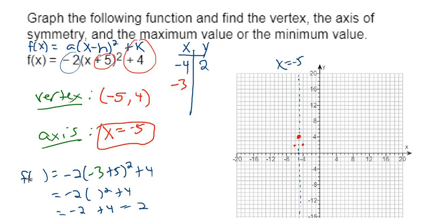So we're plugging in -3 for x. -3 plus 5 gives me 2. 2 squared is going to be 4. -2 times 4, make that a -8. So this will be -8 plus 4, which is going to give me -4. So we get -4 here.